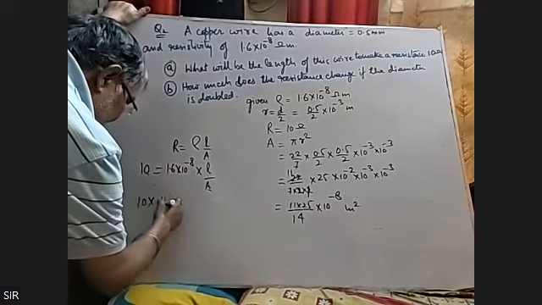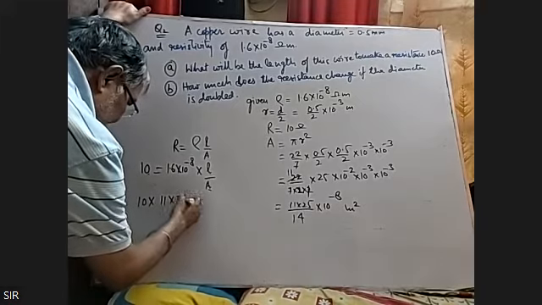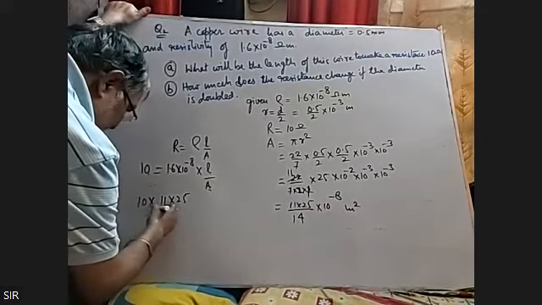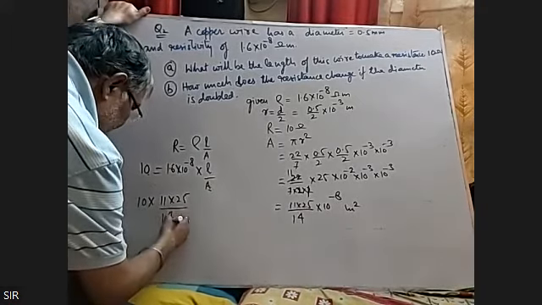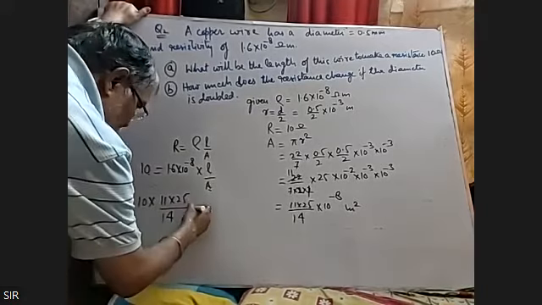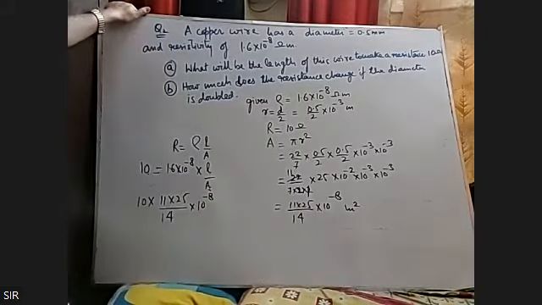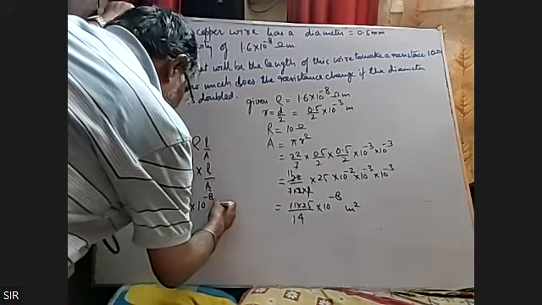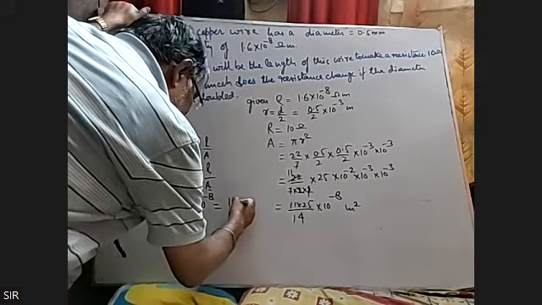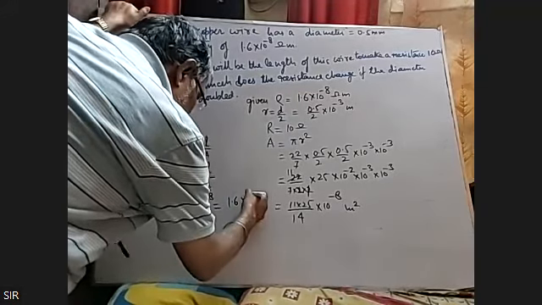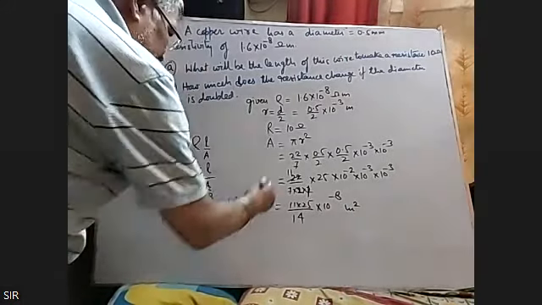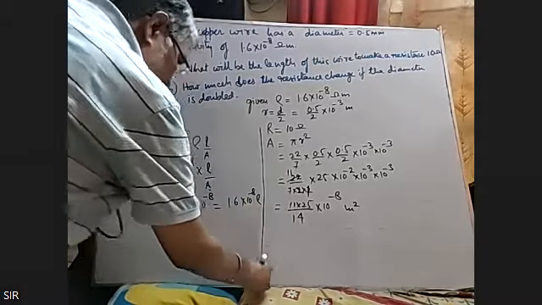So area we have got 11 into 25 by 14 into 10 to the power minus 8 is equal to 1.6 into 10 to the power minus 8 L. Gauri, any problem in understanding this? What I am doing?